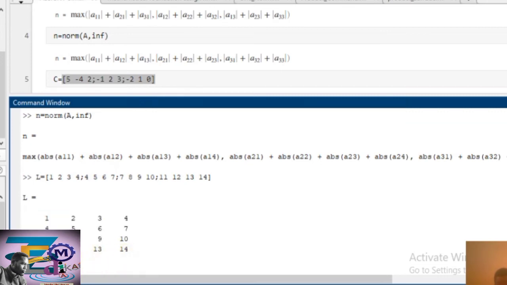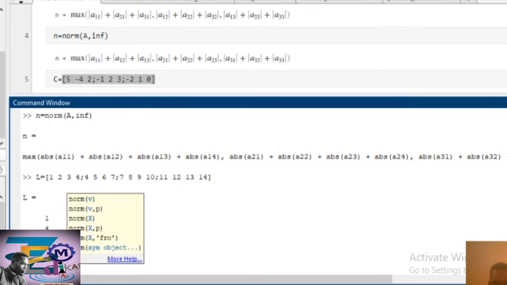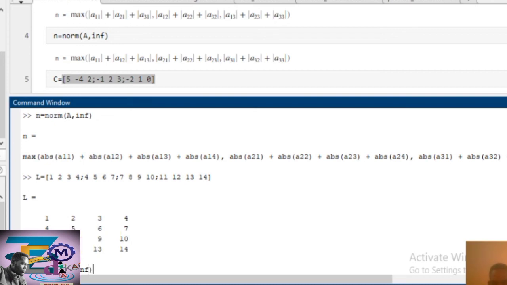So my target is to find the norm. So small n is equivalent to norm of capital L, comma, inf, in small letters, sorry, turning off caps lock, then closing the bracket.